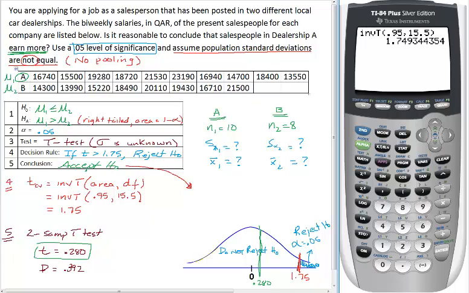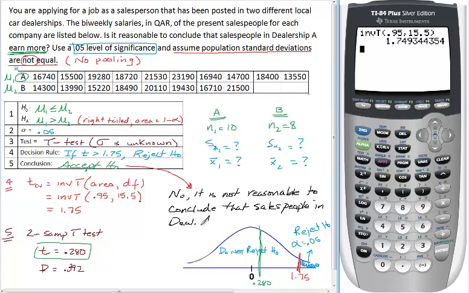So no, it is not reasonable to conclude that salespeople in dealership A earn more.